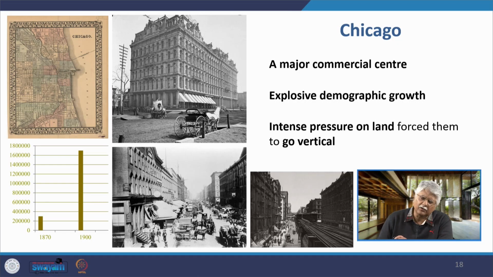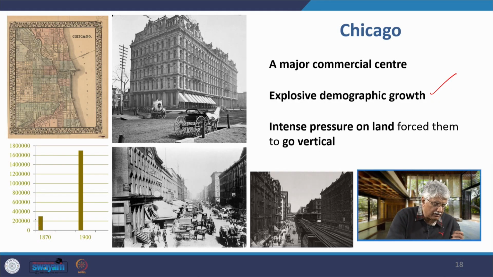And as a result of that, and the very reason that Chicago was turning into a major commercial center at that time, there was a massive influx of population into the city. There was explosive population or demographic growth.